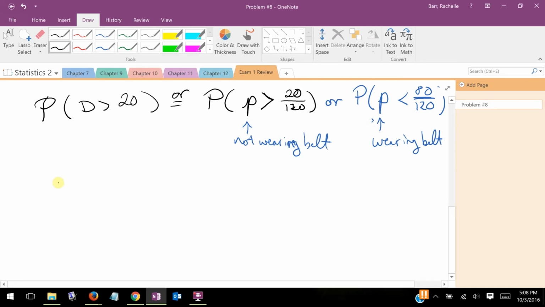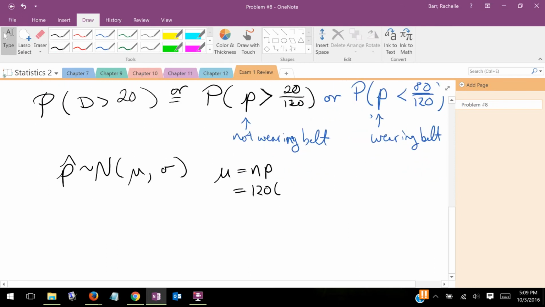So I need to know my mean and my standard deviation so I can calculate my probability, and hopefully I remember the mean is just n times p. For us, that would be 120 times, now be careful, my success is not wearing the belt. Since the police found the population proportion of those who do wear belts is 0.8, the success of not wearing a belt is 0.2. If you calculate that, that's 24 people.